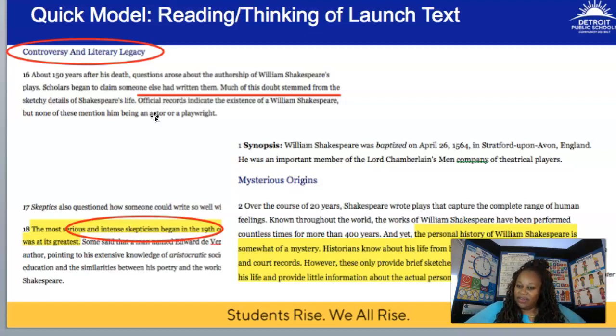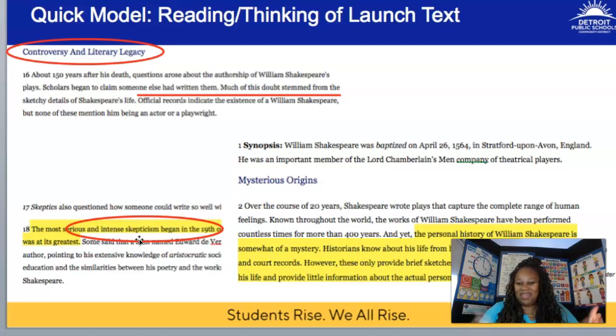So there is a connection there, and I'm sure in all this blank space on your page and in your packet, you can annotate why. So I'd like to also point out that this word doubt is important because this connects directly to this above grade level word that you might see here, skepticism.